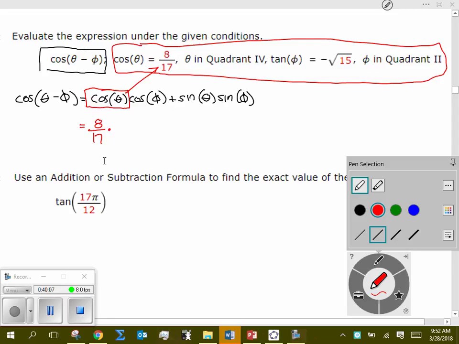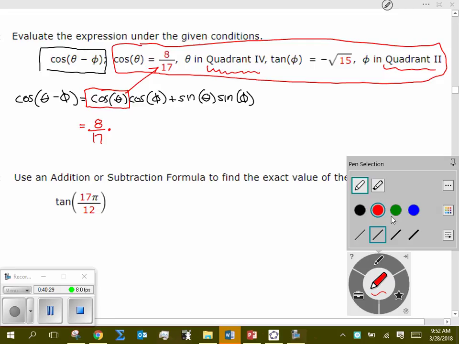Now here's the issue in this question. Do I know cosine of phi? Up here, does it tell me what cosine of phi is? Does it tell me what sine of theta is up here? Does it tell me what sine of phi is up here? No. Okay. However, it implies them. It kind of tells me.